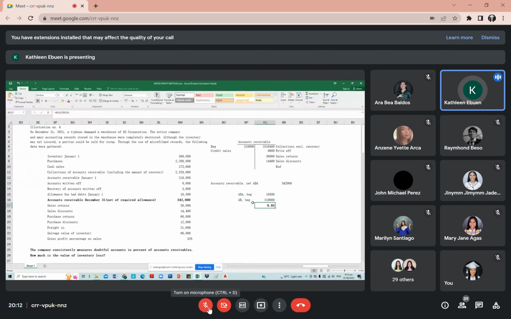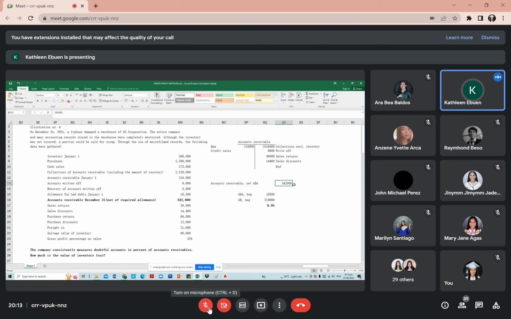Now, remember class, itong beginning na to ay nanggaling yan sa last year balance. Ito din yung ending ng December 31, 2020. Okay. Ginawa siyang beginning nitong January 1, 2021. At ito po yung percentage na ginagamit, 5%. Okay, so therefore, nalaman natin na ang ibinawas natin dito sa accounts receivable ay 5%.